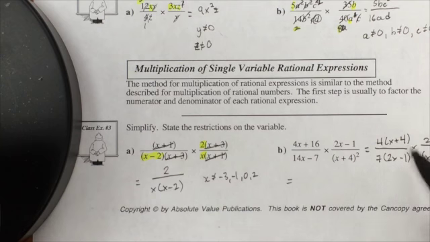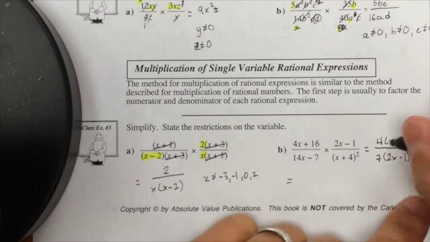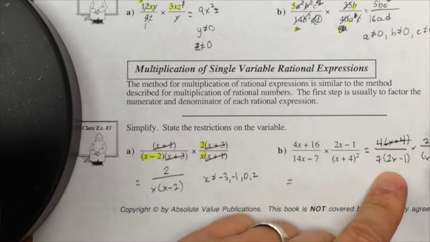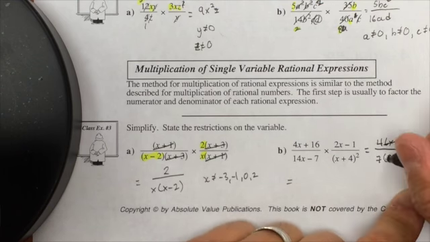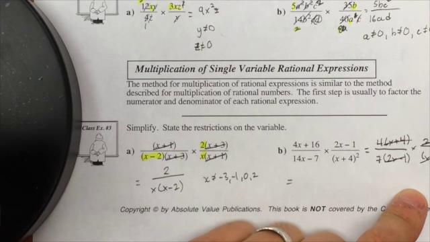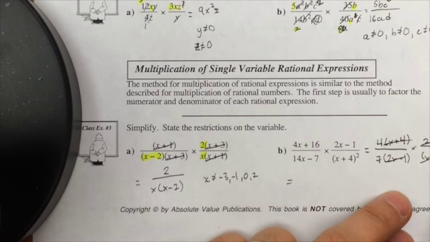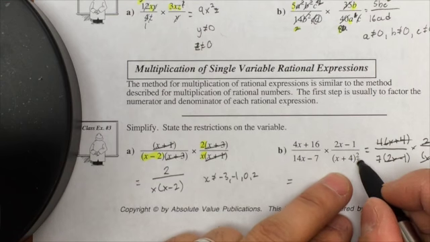So once I've considered all my factors, I can divide them out or cancel them out, and I can cancel out one of these x plus 4s on the top and this x plus 4 on the bottom, and both of these 2x minus 1s. I still am left with one of these x plus 4s because it was squared.